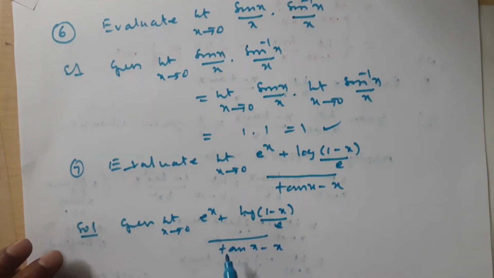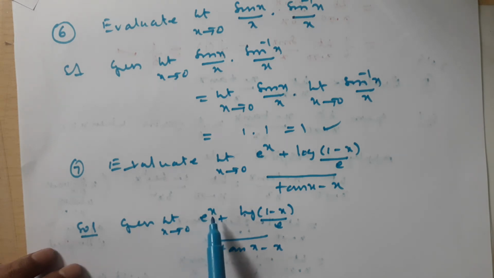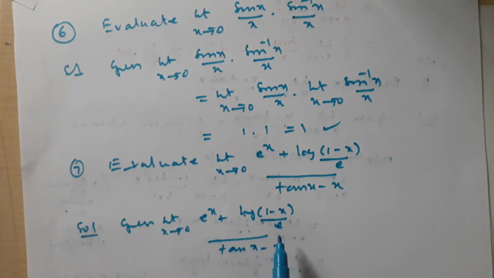So what is the value of this? You see, e power 0 is 1, log of 1 minus 0 is log 1, which is 0, and 0 by 0 is 0, so the total is 0.